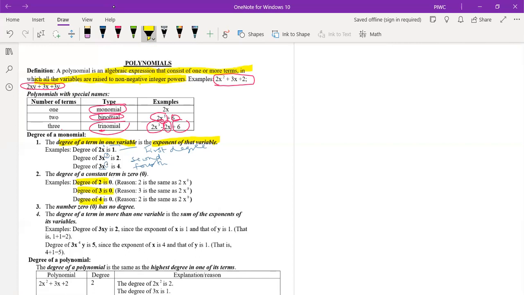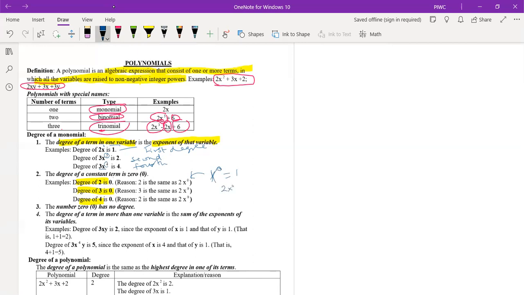If you want to understand why, let's go to the first one. The reason is, you have 2x to the power 0. Any number raised to the power 0 is always equal to 1. Whatever is here, x to the power 0 is always equal to 1. So if this is 1, then you have 2 times 1, which is always equal to 2.